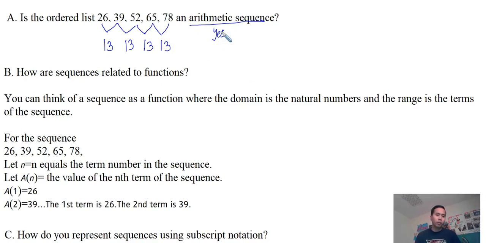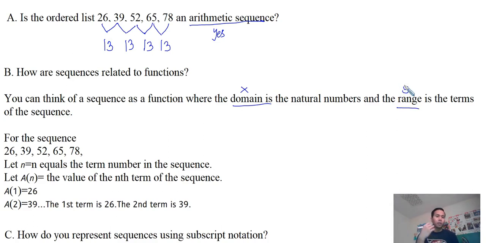Now, how are sequences related to a function? You can think of a sequence as a function where the domain, just a reminder, the domain is the values of x, is the natural numbers, and the range, the values of y, which is your output, is the term of the sequence.